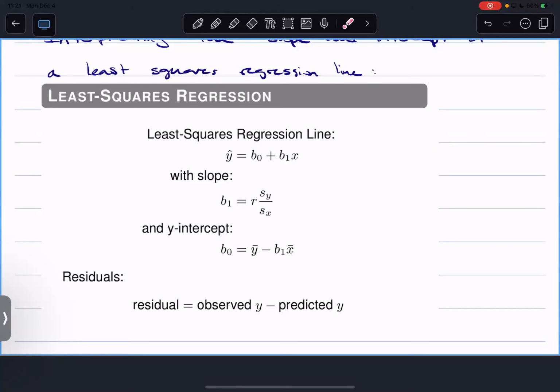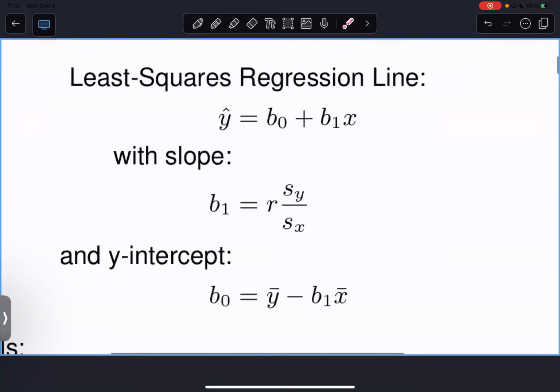And so we're going to have the slope b1, which is going to be the correlation r times the standard deviation of y divided by the standard deviation of x. Now, I would give you those three things. There's 5 things, but I would give you those 3 things, and you'll be able to solve for the slope relatively easily.